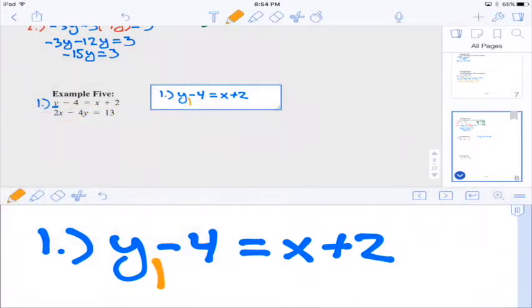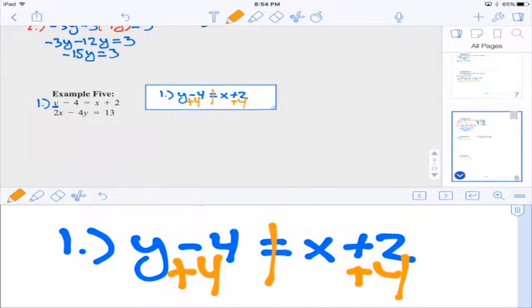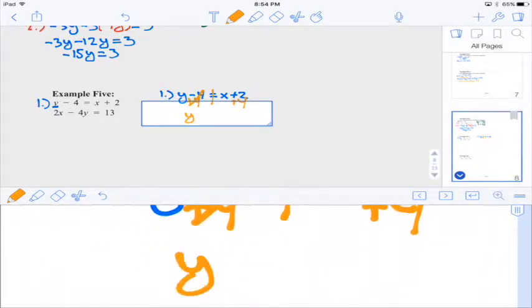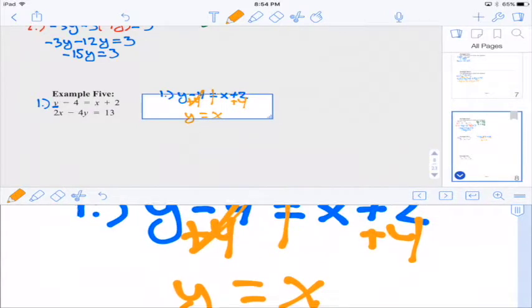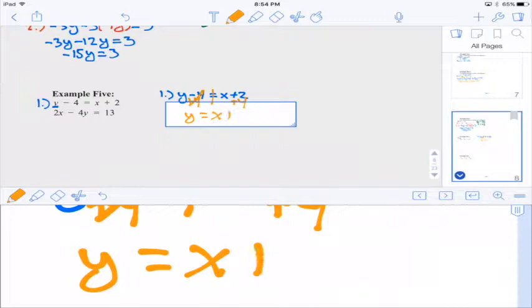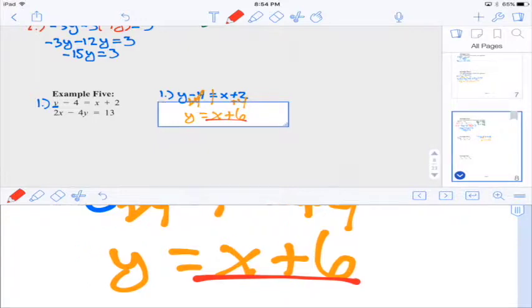So if I add 4 to this side, I need to add 4 to this side. Negative 4 plus 4 is 0, so I get y by itself, which was the plan, equals x, and 2 plus 4 is 6, so x plus 6. Now I have y by itself, so y is x plus 6.